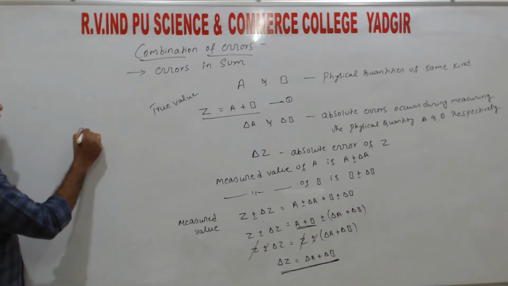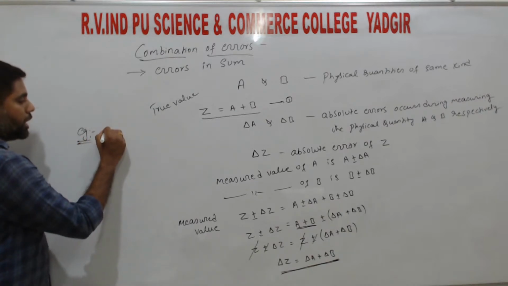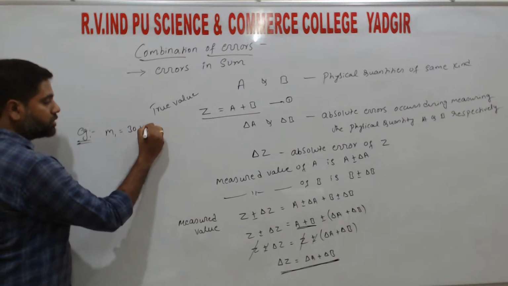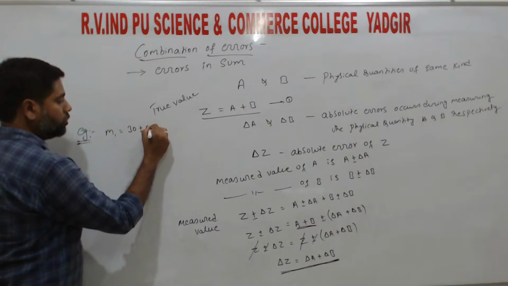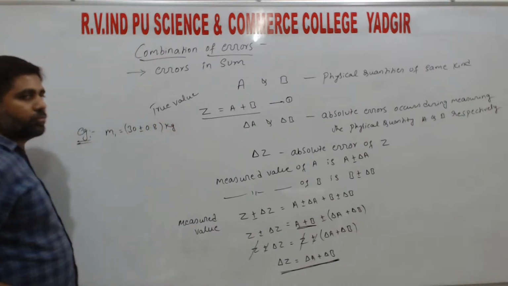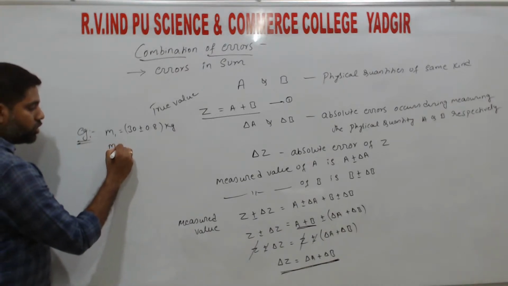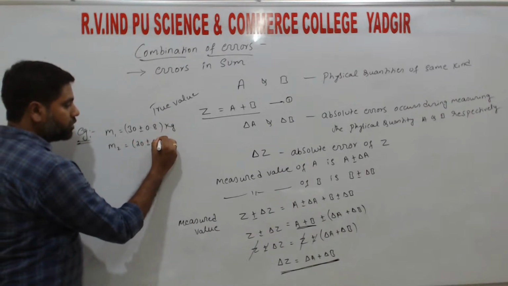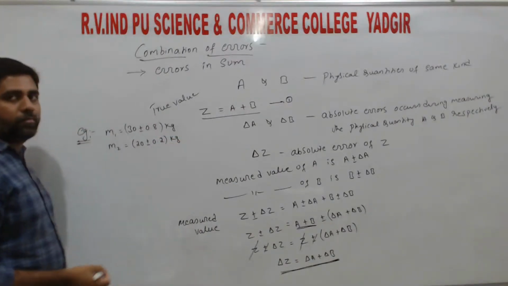So if we take one example, we have some mass m1 equal to 30 plus or minus 0.8 kg, right? Similarly, another mass m2 equal to 20 plus or minus 0.2 kg, right?